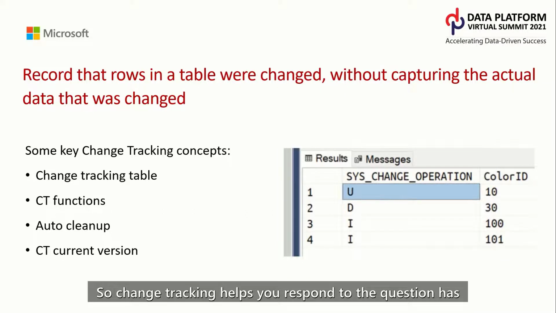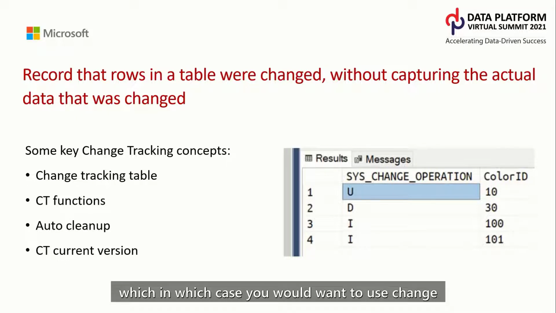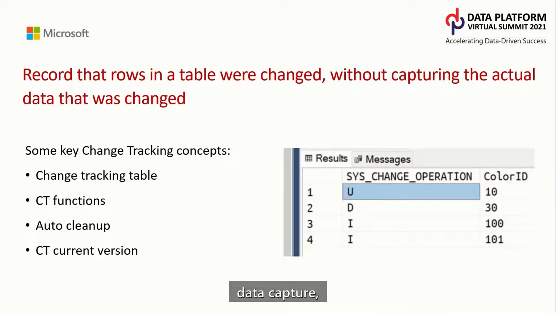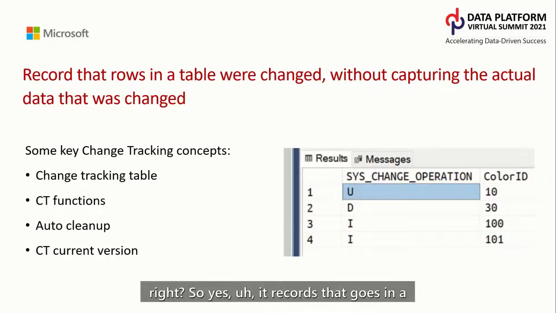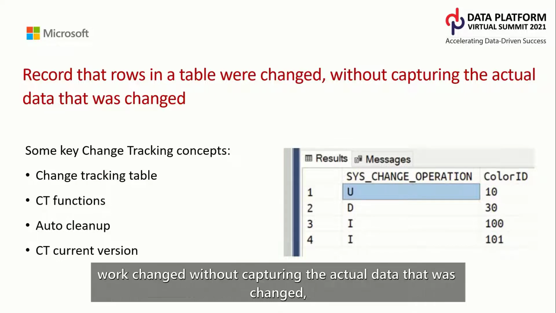So change tracking helps you respond to the question, has data been changed? Not necessarily what were the data changes, not going into the historical data changes, in which case you would want to use change data capture, right?